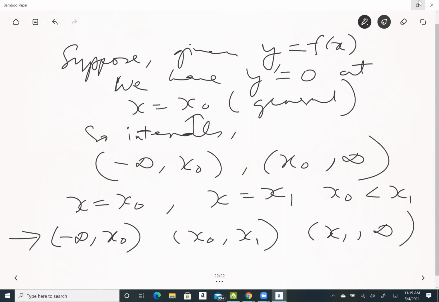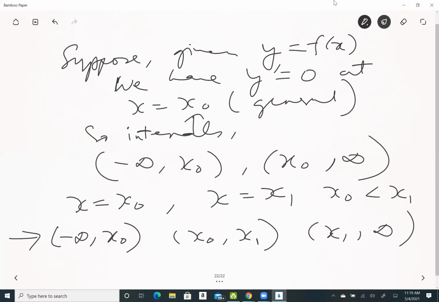I'll give you another one. Suppose there are 3 points where f prime equal to 0: x0, x1, x2. How many intervals would that be? 4. So the number of intervals will be just one more than the number of points where y prime equal to 0.